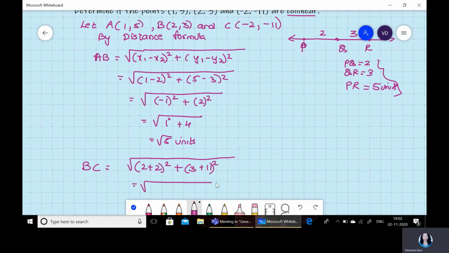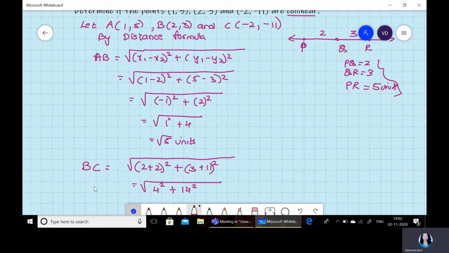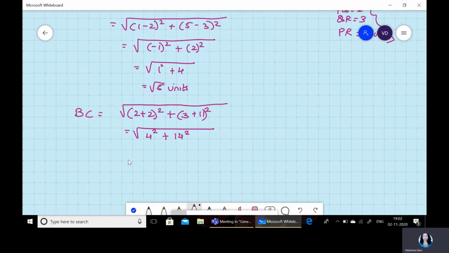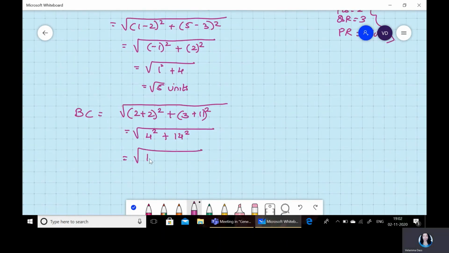So here we have 2 plus 2 square, that is 4 square, and here 14 square, correct? 4 square is 16, and 14 square is 196. When you add, we get 212.